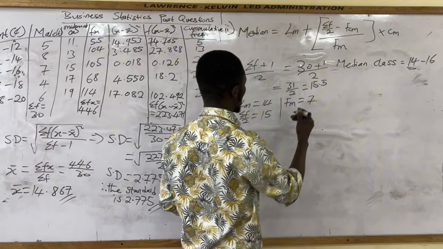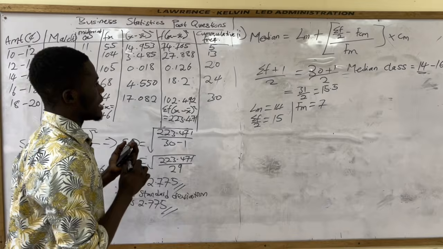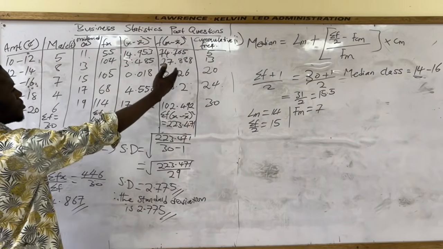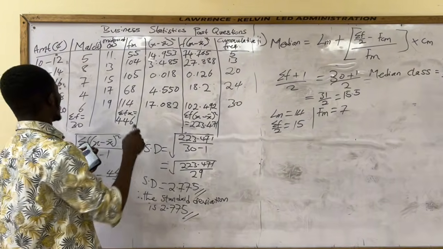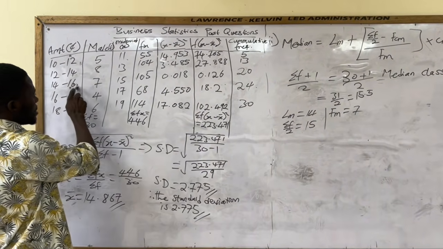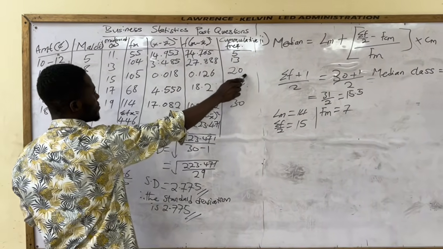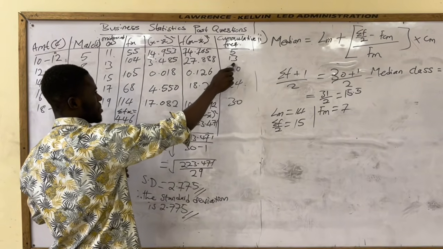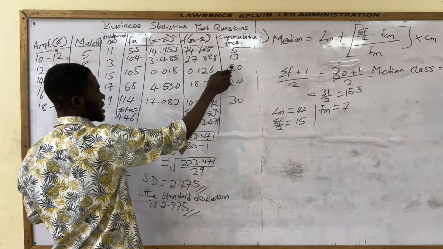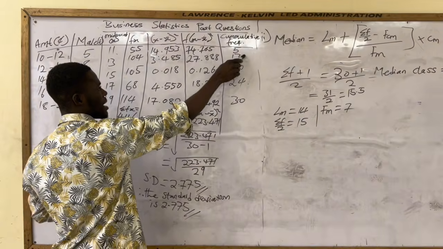Then our FCM is the cumulative frequency preceding the median class. So where is the median class? 14 to 16. But it said preceding the median class, which means before the median class. And that is going to give us 30.